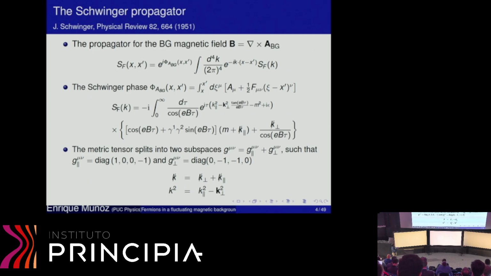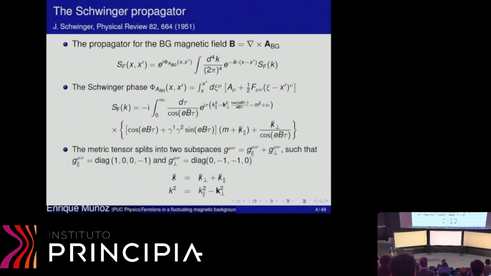The Schwinger propagator can be expressed in terms of a translational invariant part, which can be written in terms of a Schwinger parameter integral, and also a gauge dependent phase that guarantees the gauge covariance of the propagator. This is called the Schwinger phase.